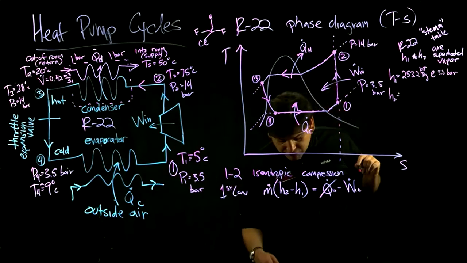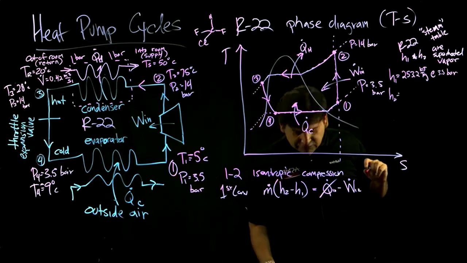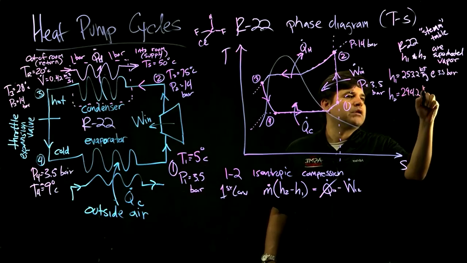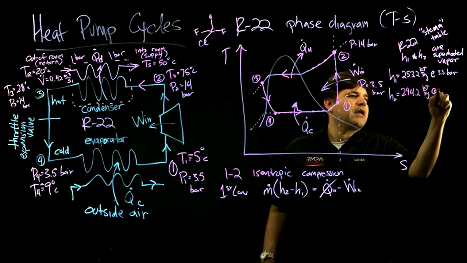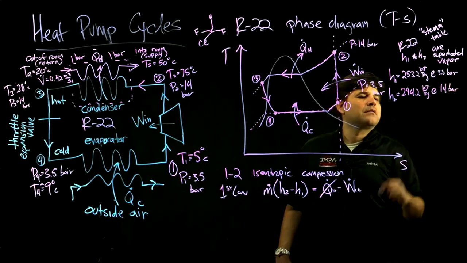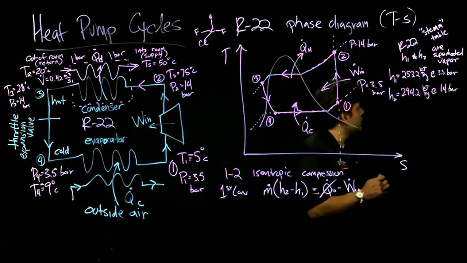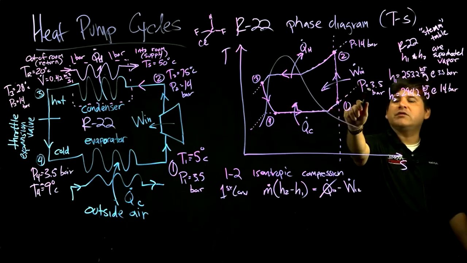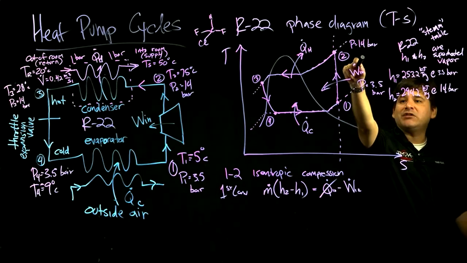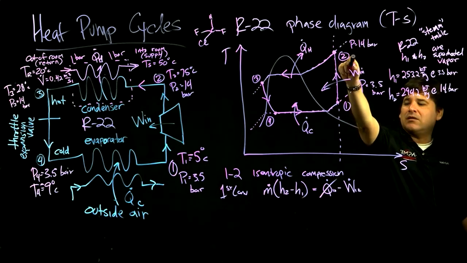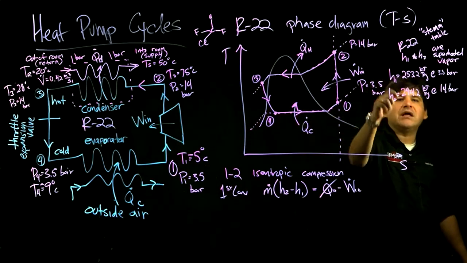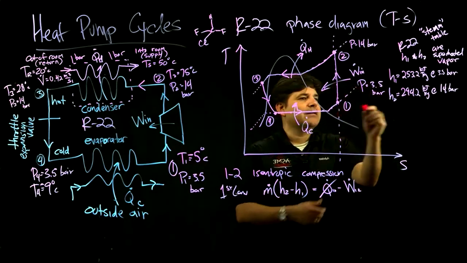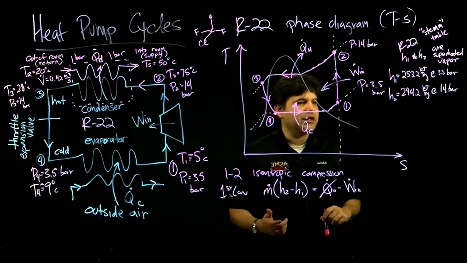H2 on the superheated table is 294.2 kilojoules per kilogram at 14 bar. So we looked those up on the R22 table. They happen to be superheated vapor by comparing to the saturation pressures and relative to the temperatures. Both of these lie on superheated vapor, as the diagram also shows. And we can pull out H1 and H2 from there.